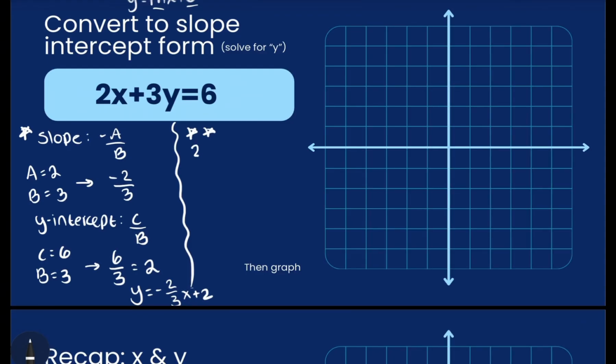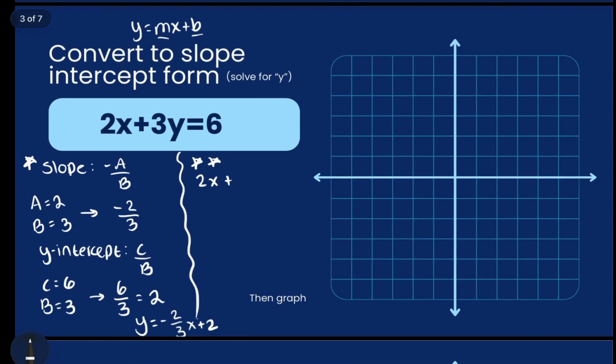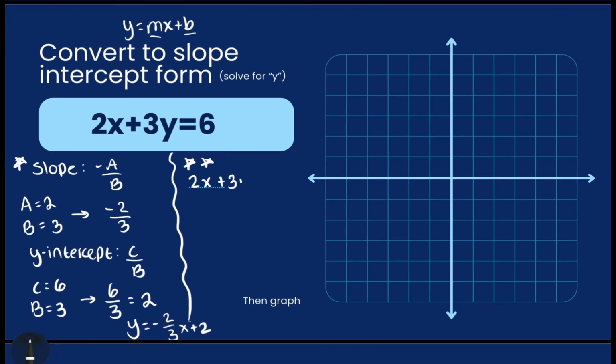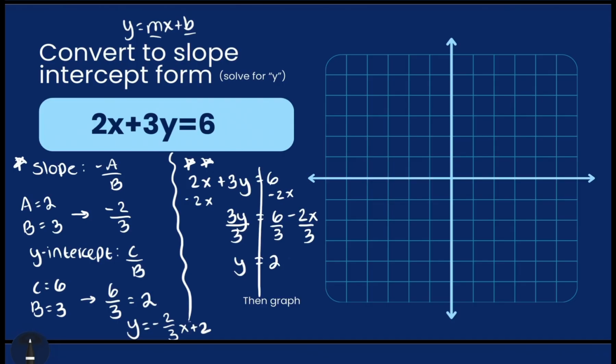Now let's practice solving for y. So I'm going to rewrite my equation, which is 2x plus 3y is equal to 6. And now I'm going to solve for y. I'm going to simply subtract 2x from both sides, and I'm going to rewrite this as 3y equals 6 minus 2x, and then I'm going to divide everything by 3, and I get y equals 2 minus 2 over 3x.